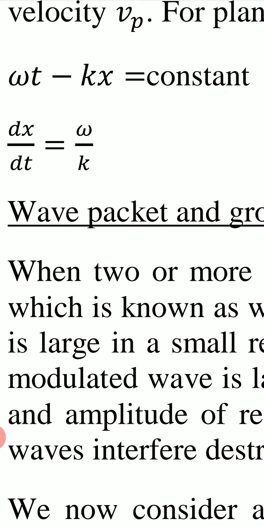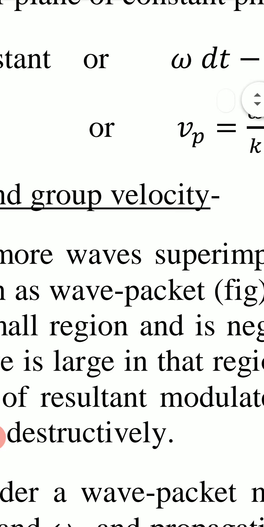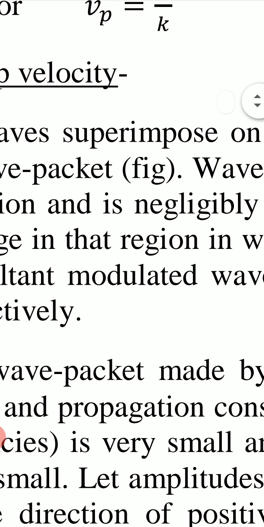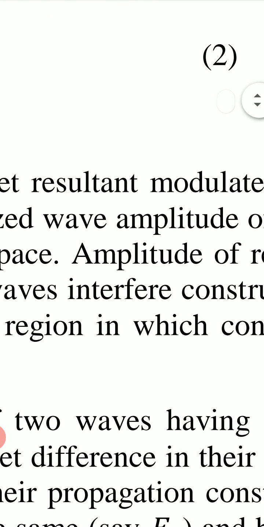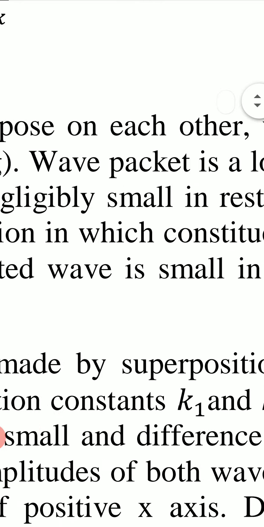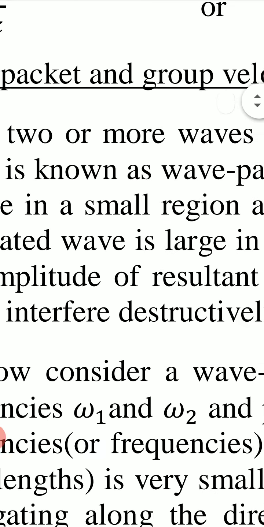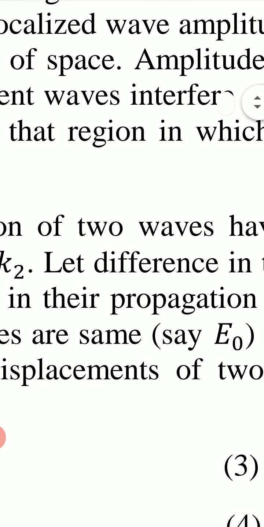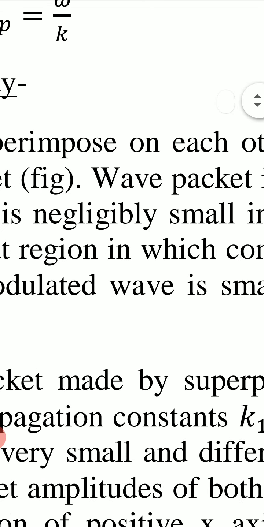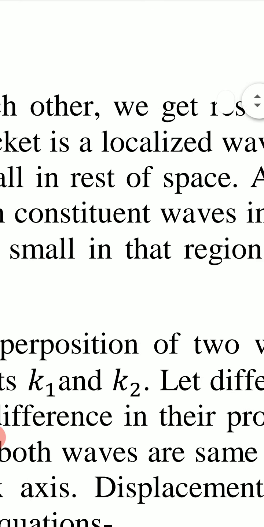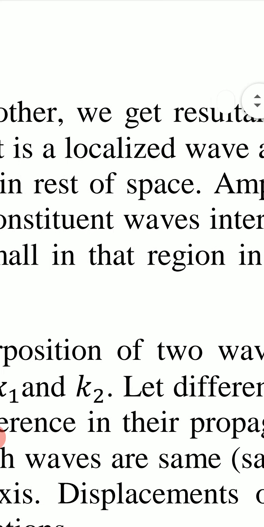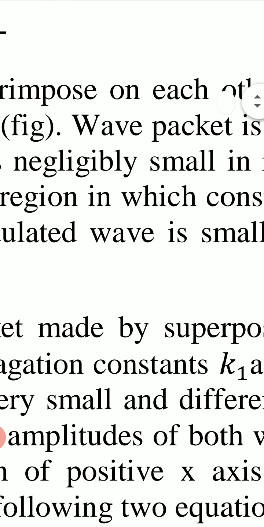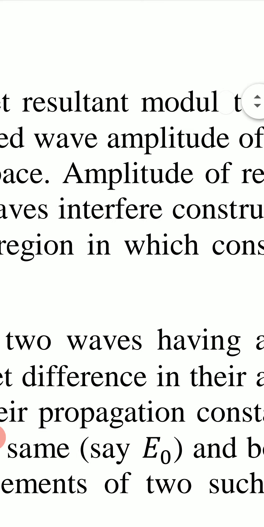Now we consider wave packet and define group velocity. When two or more waves superimpose on each other, we get a resultant modulated wave, which is known as wave packet. A wave packet is a localized wave, the amplitude of which is large in a small region and is negligibly small in the rest of space.